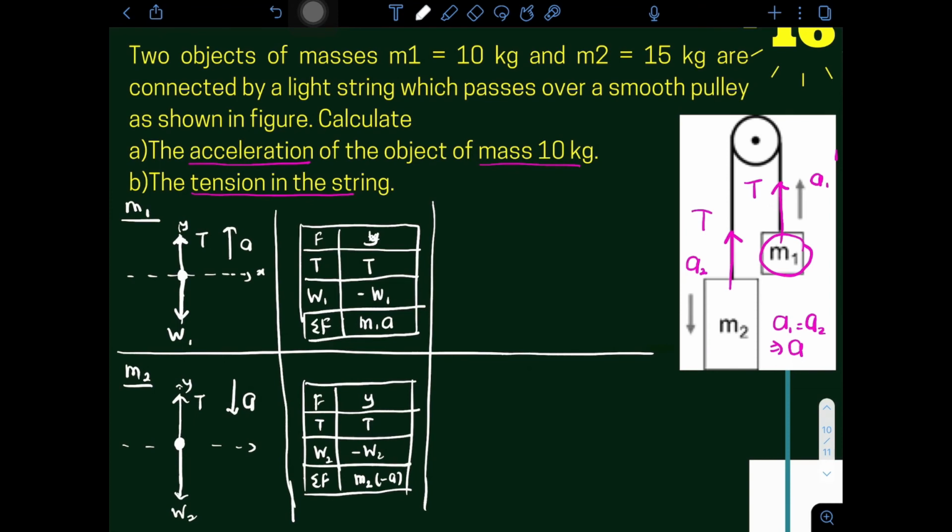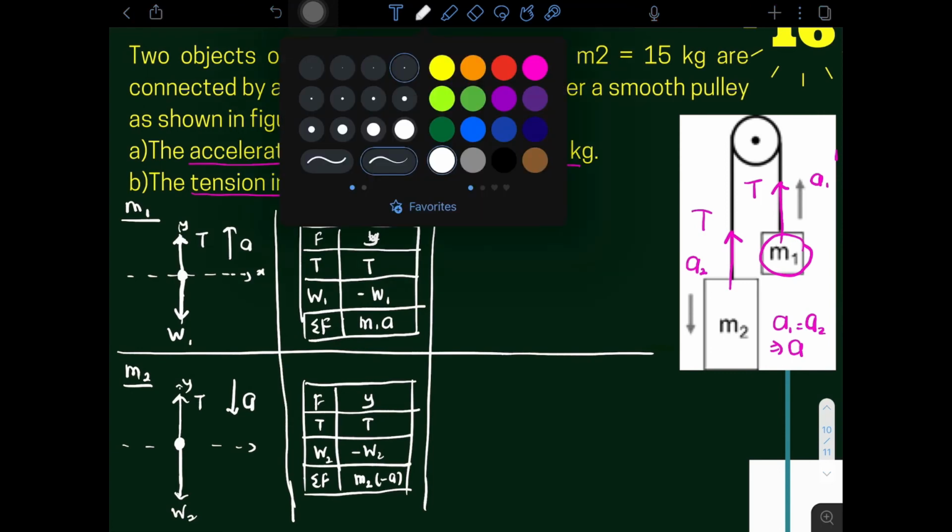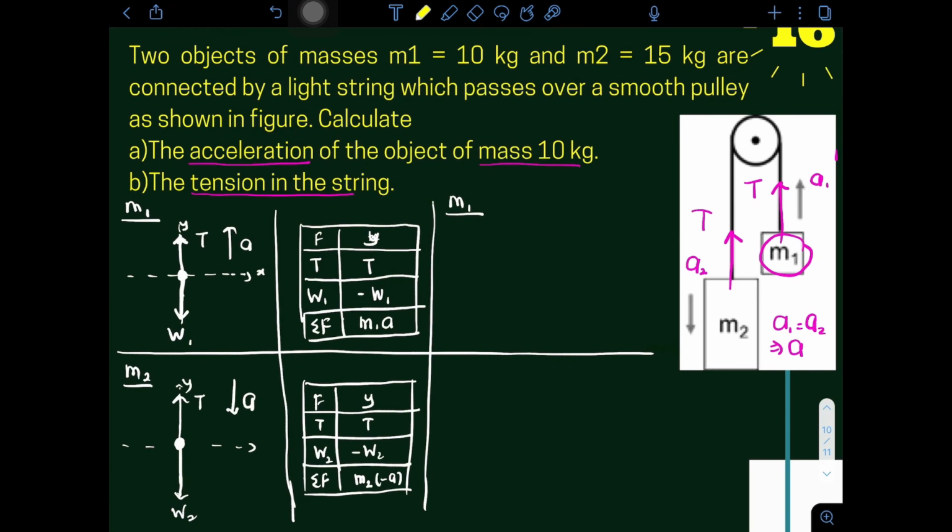So we need equations. First equation from mass 1: T minus M1G, minus W, where W is mg, equals M1A. So from here, I will get T equals M1A plus M1G. To find the acceleration, I need to know the tension value as well, so we need two equations.